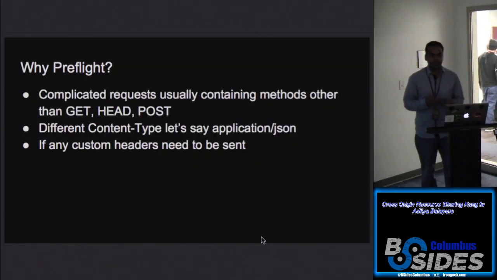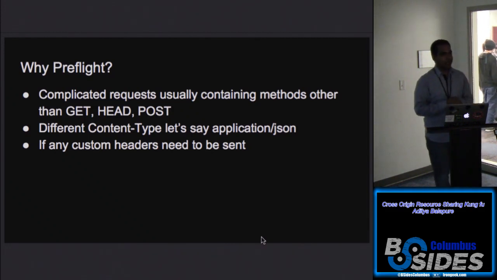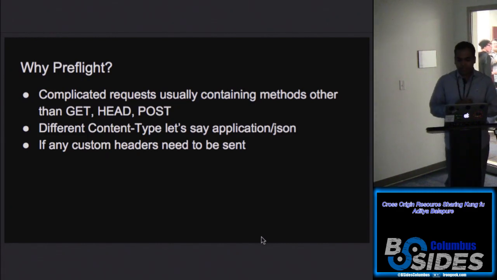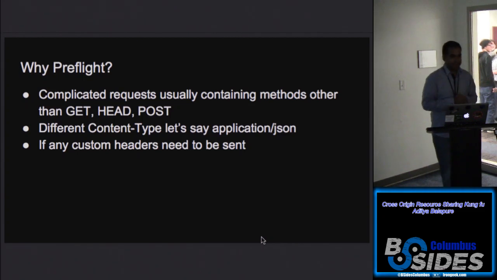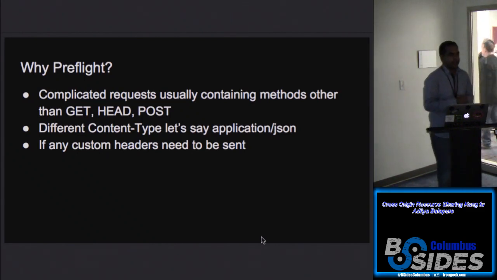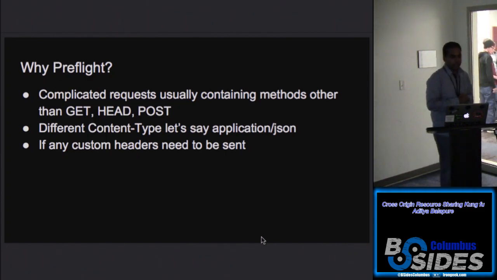Since we've discussed simple requests, next comes the concept of pre-flighting. To understand how complex cross-origin requests work, we need to understand pre-flighting. Complicated requests usually mean any request other than GET, HEAD, or POST, for example if the browser is trying to update a resource through PUT, or delete a resource through a DELETE request.